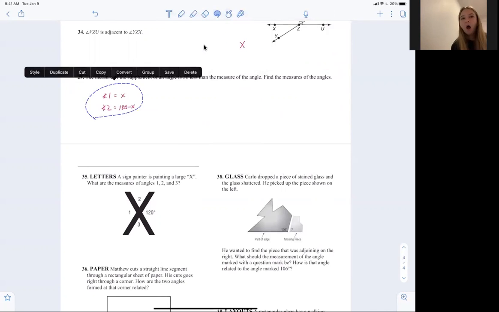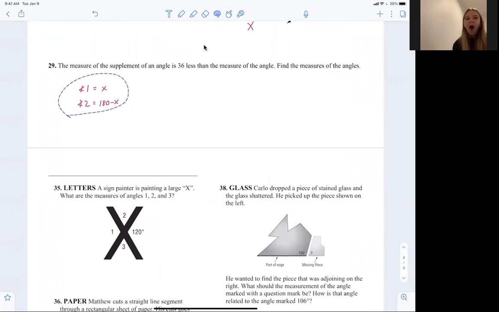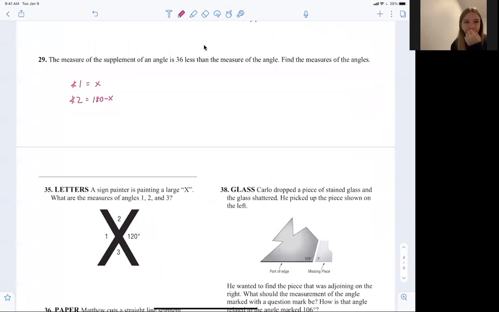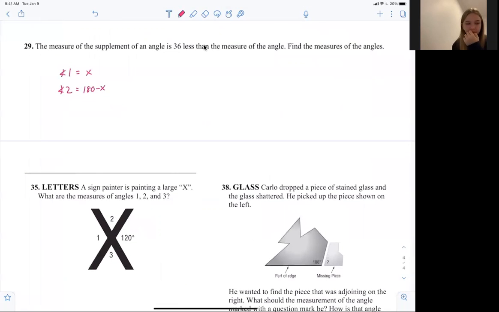The measure of the supplement of an angle. Please watch. I think this is on the ACTs and SATs quite a bit. This is the supplement of this angle. Does everybody agree with that? Right. Because they add up to 180, right? So the measure of the supplement of the angle is 180 minus X, right?